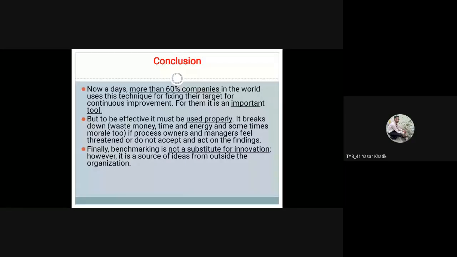And for them it is an important tool. त्यांच्यासाठी हे खूप इम्पॉर्टंट टूल आहे कंटिन्युअस इम्प्रुव्हमेंटसाठी. ओके, तर बघा जगातल्या 60% कंपनी हे बेंचमार्किंग टूल यूज करतात.